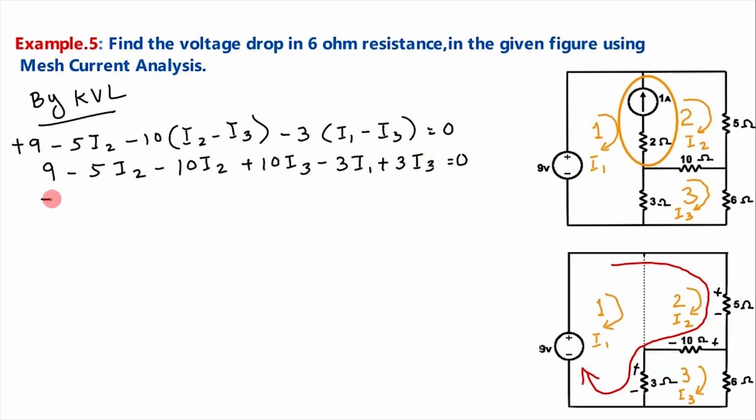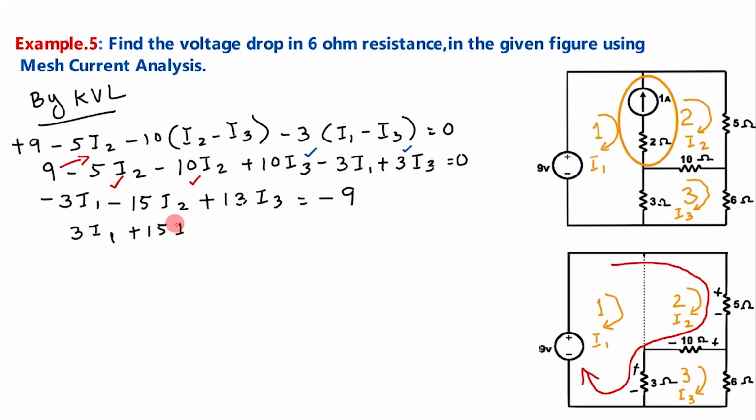Rewriting: minus 3 I1, then minus 5 I2 and minus 10 I2 gives minus 15 I2, then comes 10 I3 and 3 I3, which is plus 13 I3, is equal to, we can bring that 9 to the right hand side, so that it is minus 9. Or 3 I1 plus 15 I2 minus 13 I3 is equal to 9. Let this be equation 1.